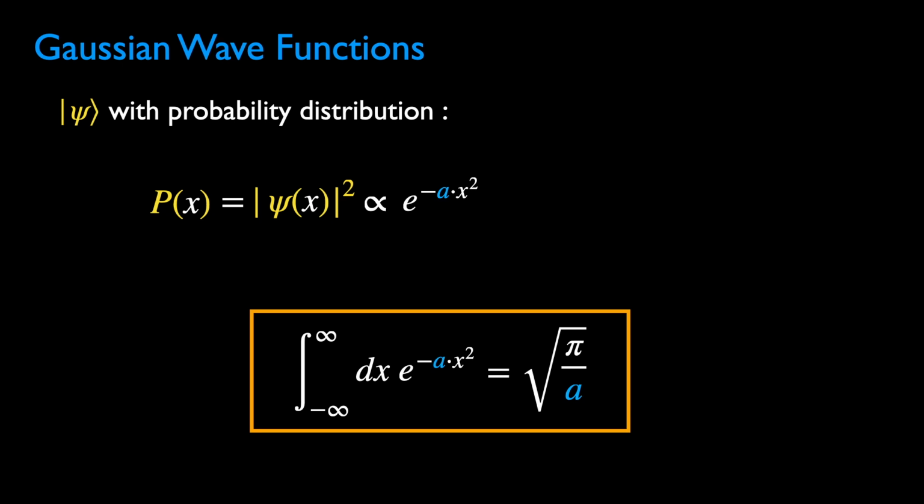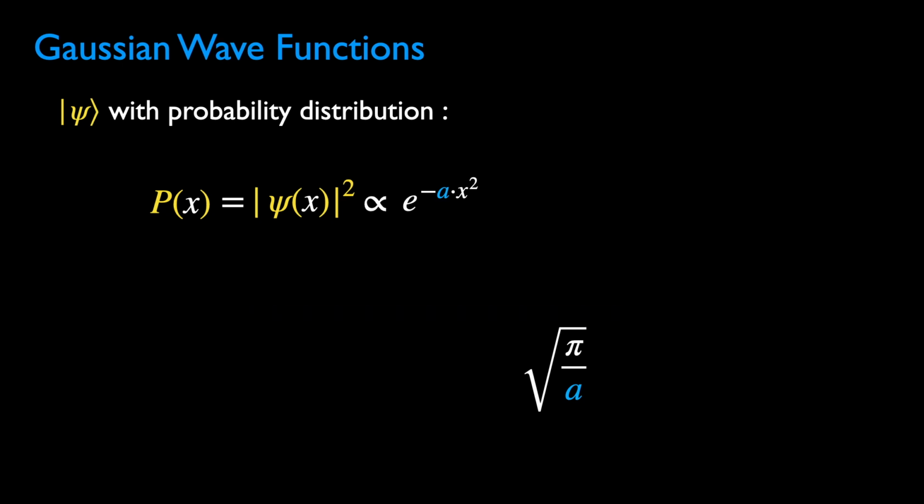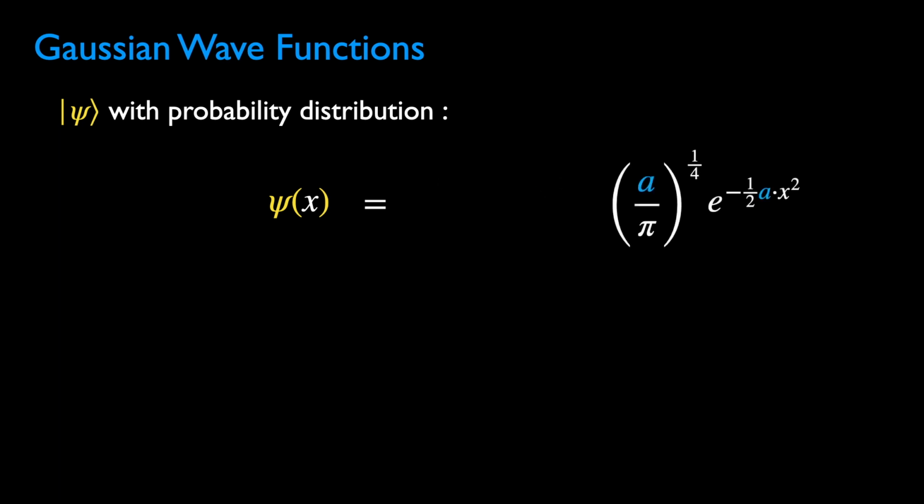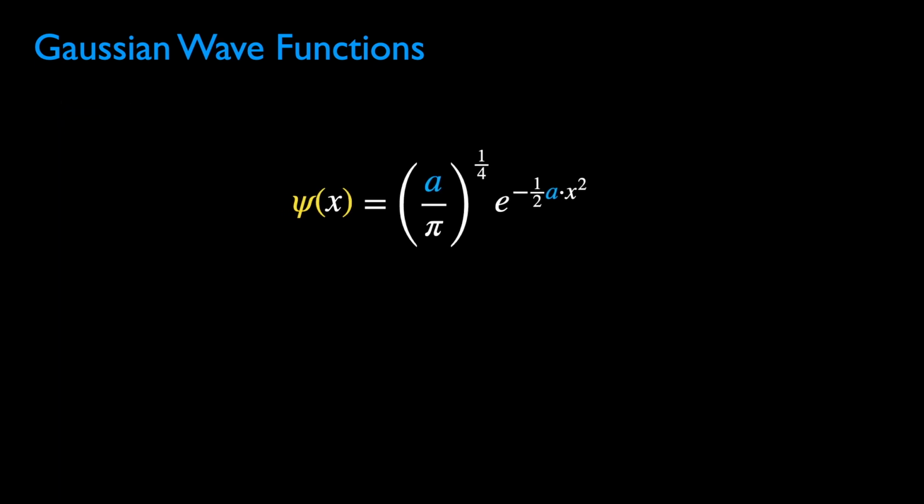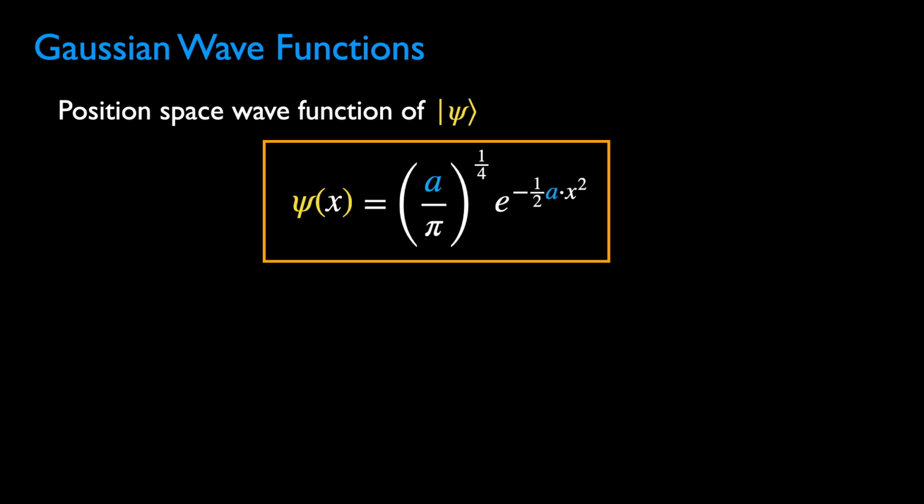Evaluating the integral, we get a normalized Gaussian distribution. Assuming that the wave function psi of x is real, it is just obtained by taking the square root of the probability distribution. Thus, we have the position space wave function of state psi that corresponds to a normalized Gaussian distribution.